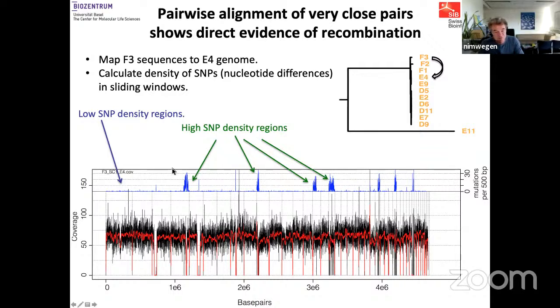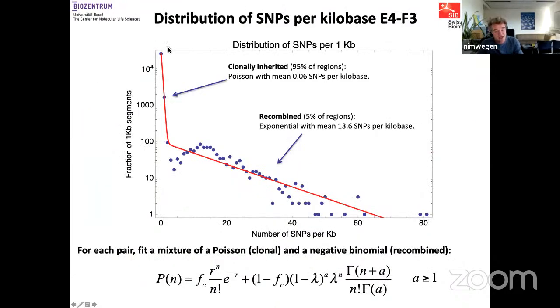Now, these blocks of high SNP density are reflected if you just take a histogram: you go with 1 kb blocks over this pairwise alignment, and you make a histogram of how many blocks have 0 SNPs, 1 SNP, 2 SNPs, and so on. You see that this histogram is clearly made out of 2 different parts.